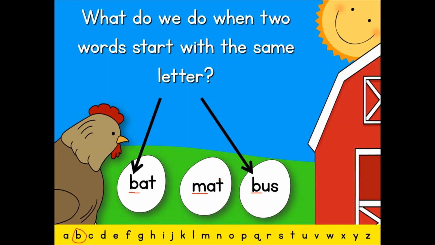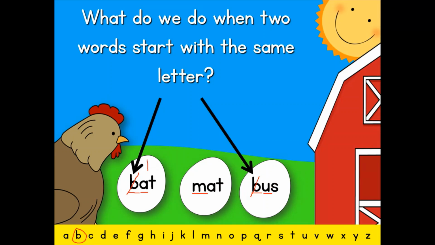So now that we know bat and bus are going to be before mat, we've got to figure out which one comes first, bat or bus. So what I like to do is I actually will cross out those letters and underline the next one. Okay, so now we're looking at A and U. We know from our alphabet that A comes before U, so bat is going to come before bus.